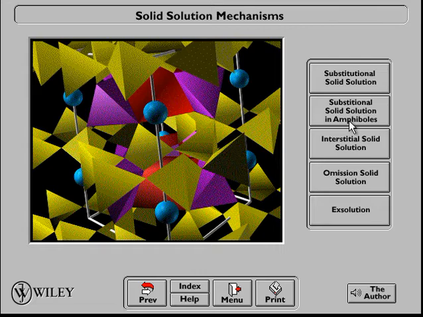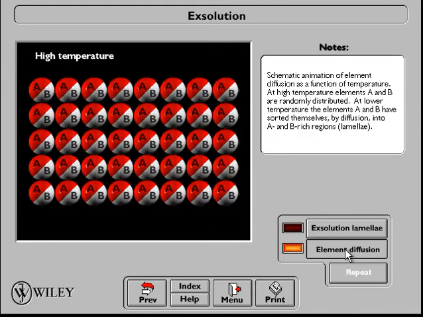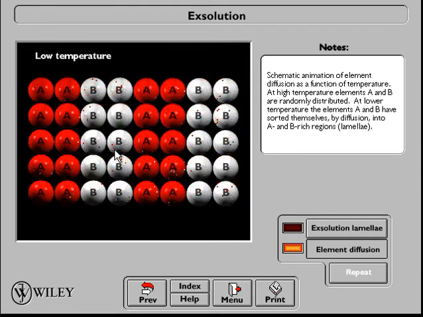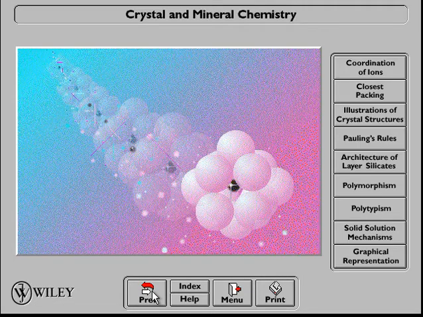We were talking about the omission solid solution. And we have discussed the exsolution, and we have talked about the element diffusion and all this stuff. Yes, we have done this. And therefore we are now done with our solid solution mechanism in this class.